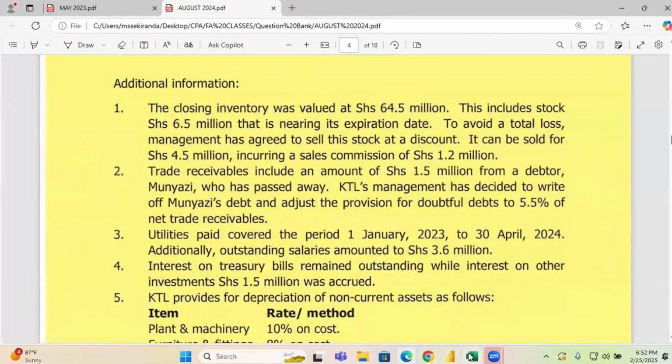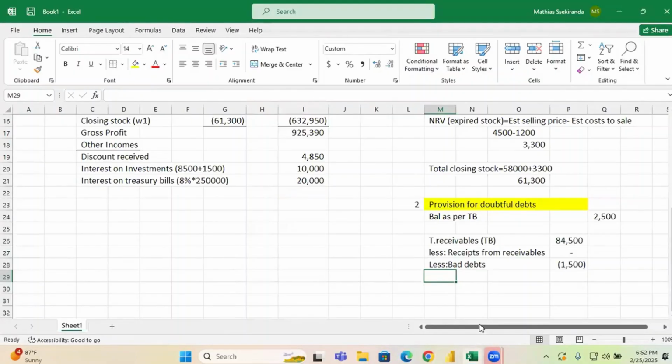He died and we have decided to adjust our trial balance. So now you get what we call net receivables. These are the net receivables that you actually subject the percentage to.